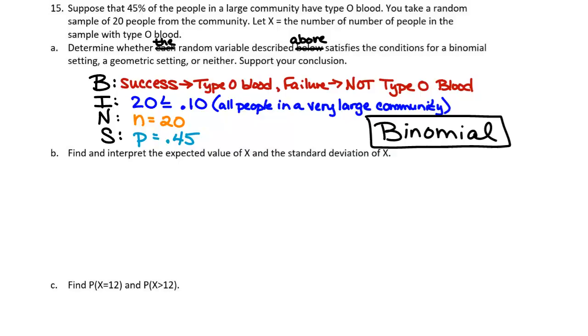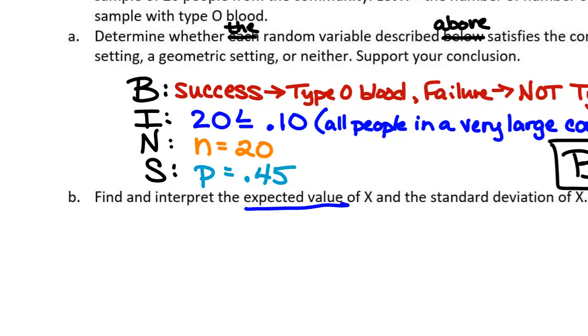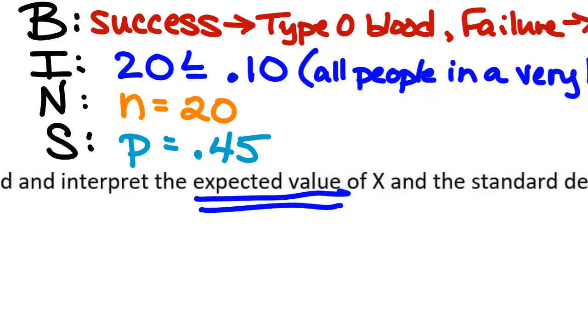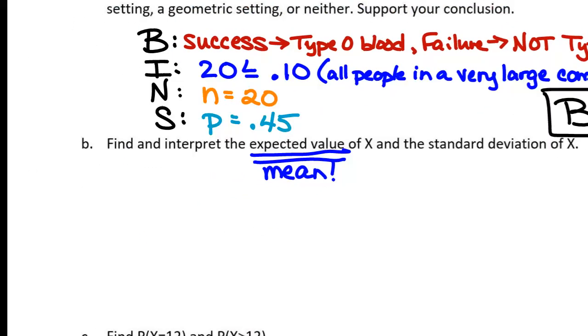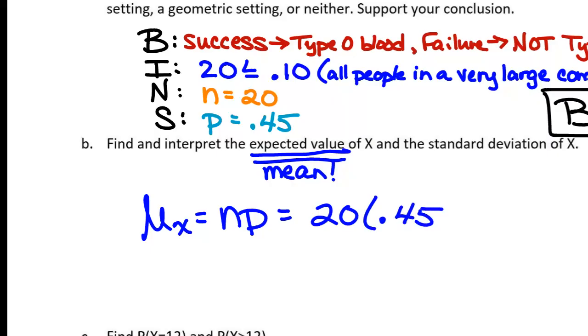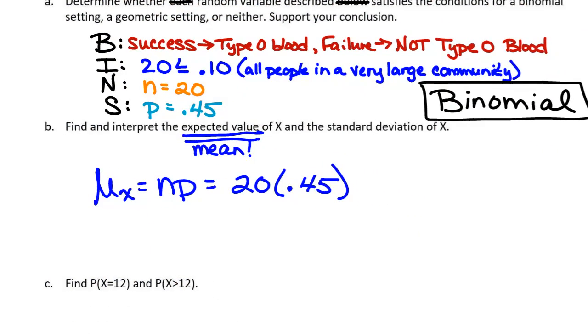Find and interpret the expected value of x and the standard deviation of x. When you see expected value, what am I asking about? The mean. So how do you find the mean for a binomial random variable? Yes, NP. So this would be 0.45 times 20, which comes out to be 9.